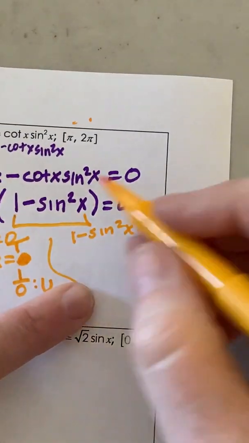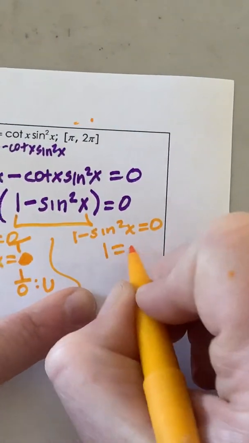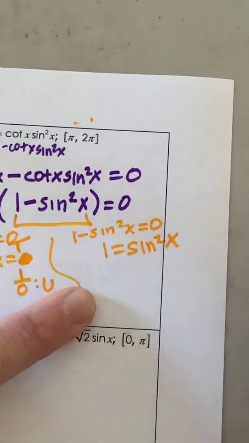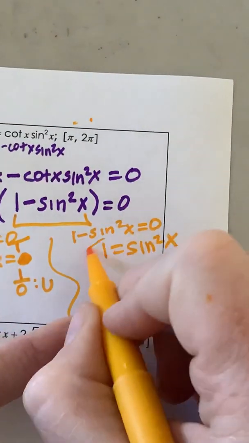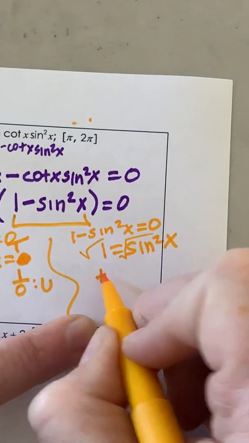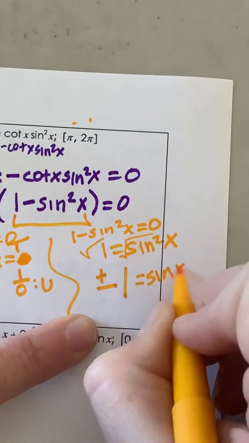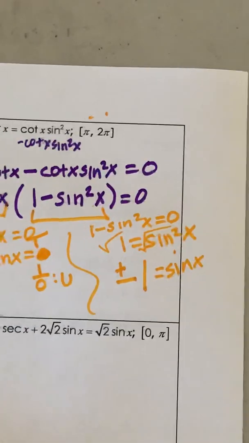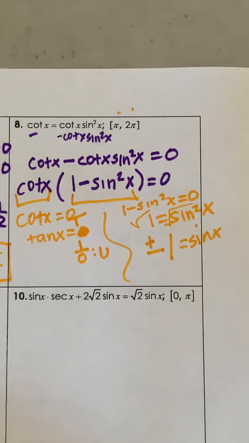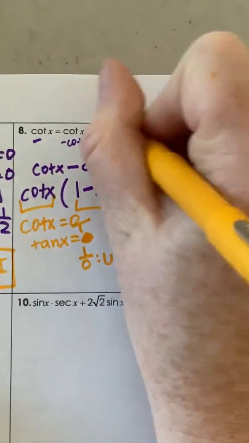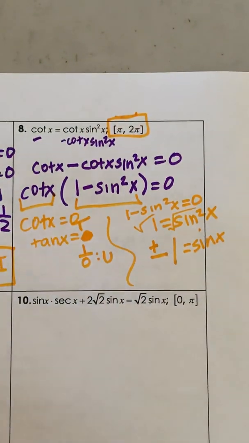Okay, now let's look at the other side. If I add sine squared x and square root both sides, remember we want the plus minus 1 sine x. So I'm going to list out all the places that this occurs, and then I'll pick only the ones between pi and 2 pi.